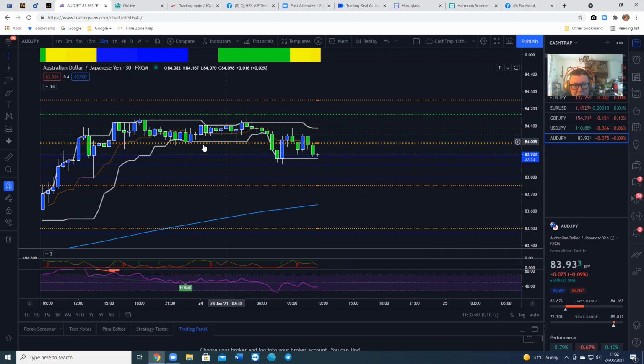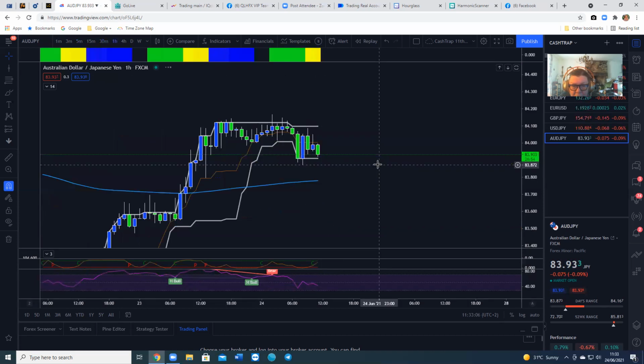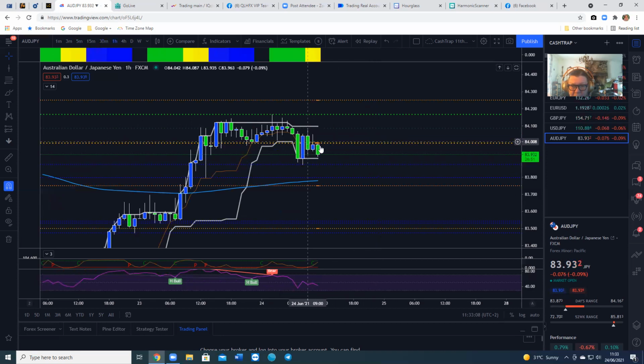Then it wicked off there on the hourly and opened as a sell candle off the quarter point, which is now acting as a strong ceiling. So it is on its way down, and the hourly should show you that as well, which it does.